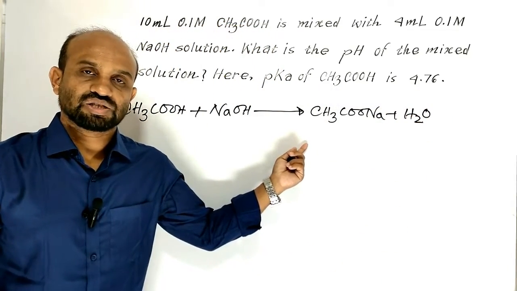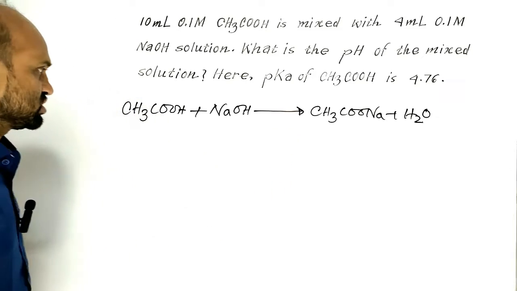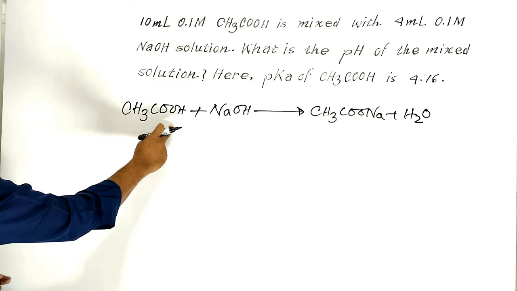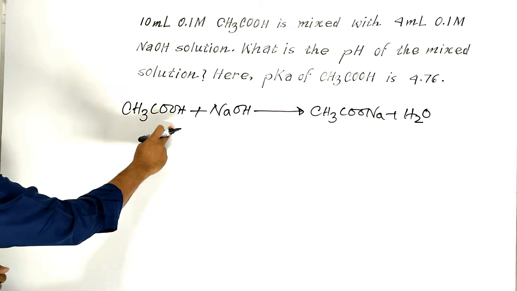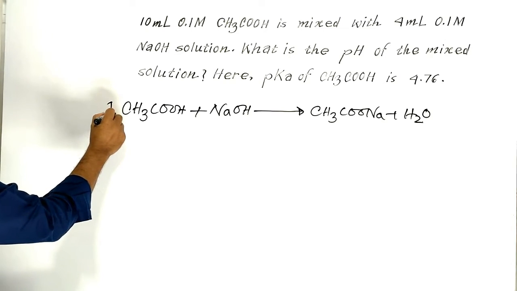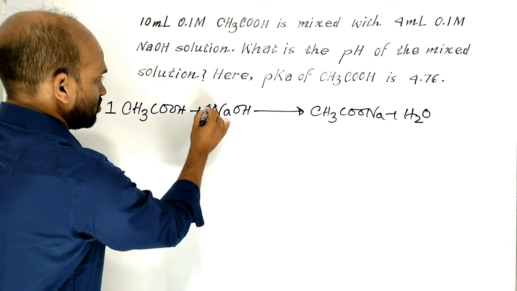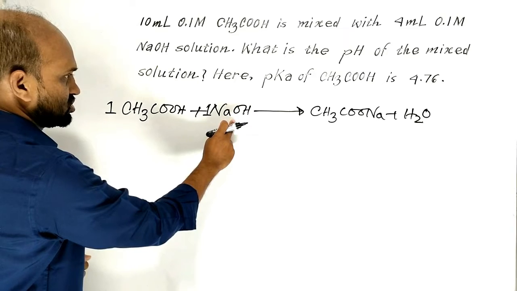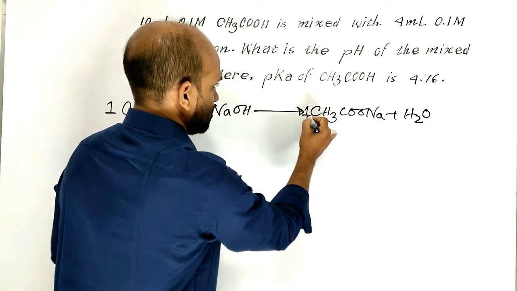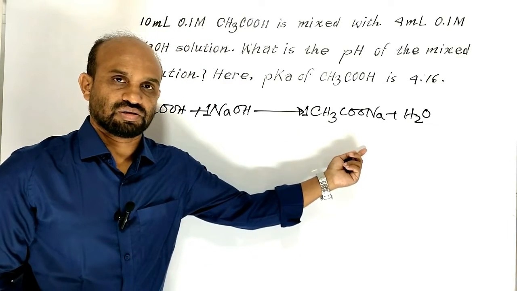The reaction must be balanced, and here we see that the reaction is already balanced. From this reaction, we can say that 1 mole acetic acid neutralizes 1 mole sodium hydroxide solution to produce 1 mole sodium acetate.